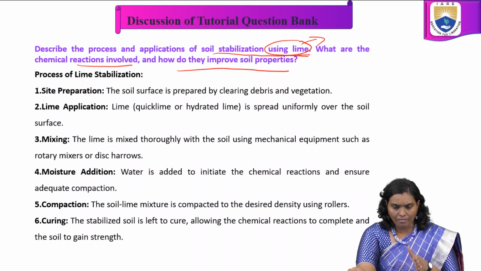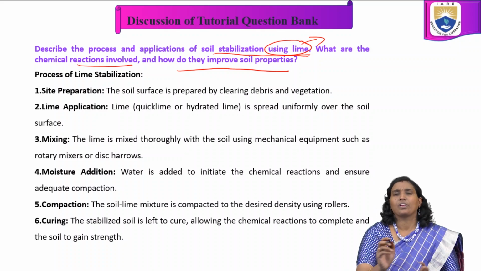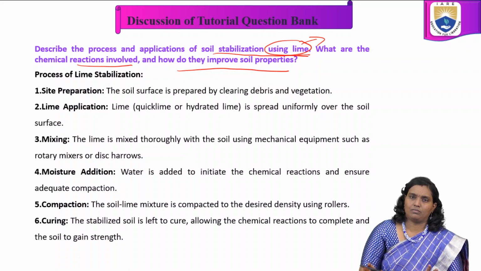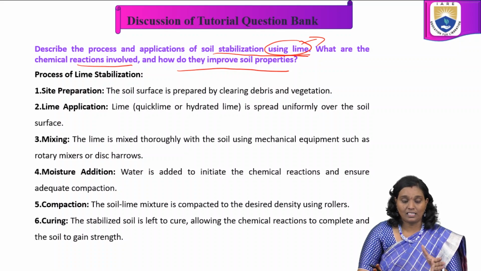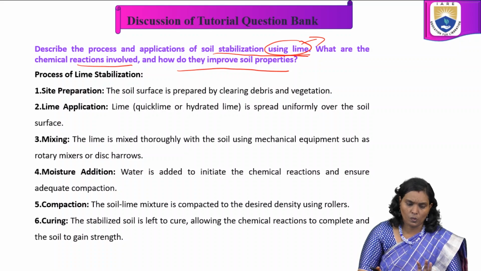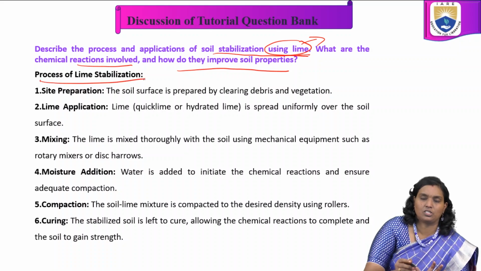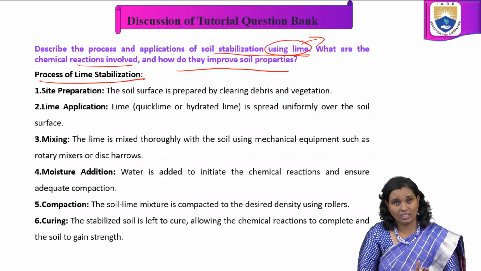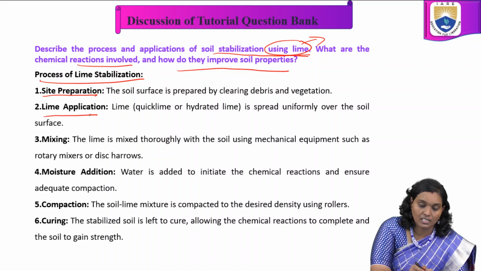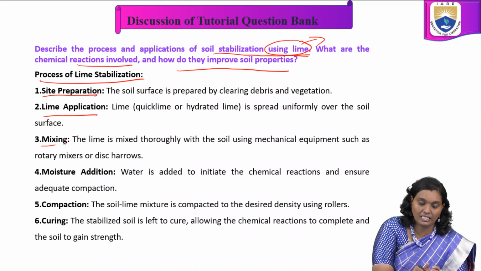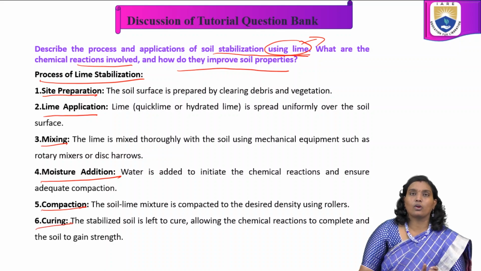So before going to lime stabilization particularly, any kind of material, any kind of chemical, we may understand this question. So the process of lime stabilization. The first step is the site preparation, and the next ones are lime application, mixing, moisture addition, compaction, curing.